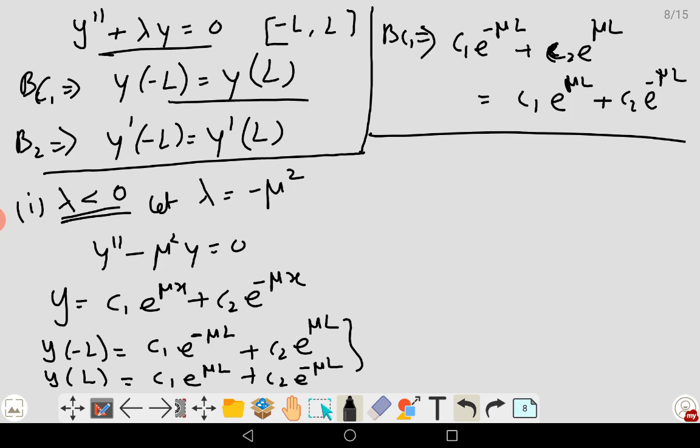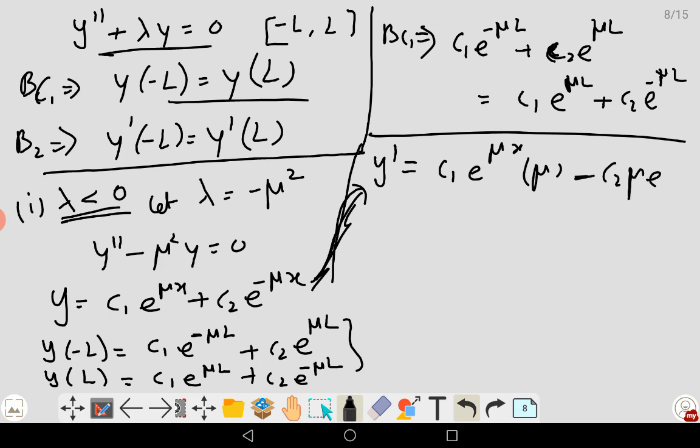Let's talk about the second boundary condition, and we need y prime. Differentiate y. Y prime is c1 mu e raised to mu x, and the second term has a negative, so negative c2 mu e raised to minus mu x.